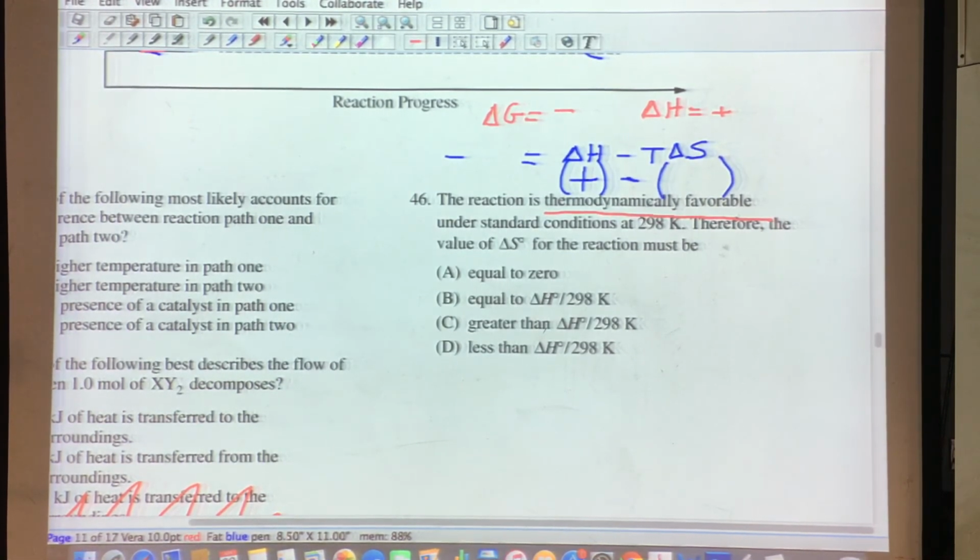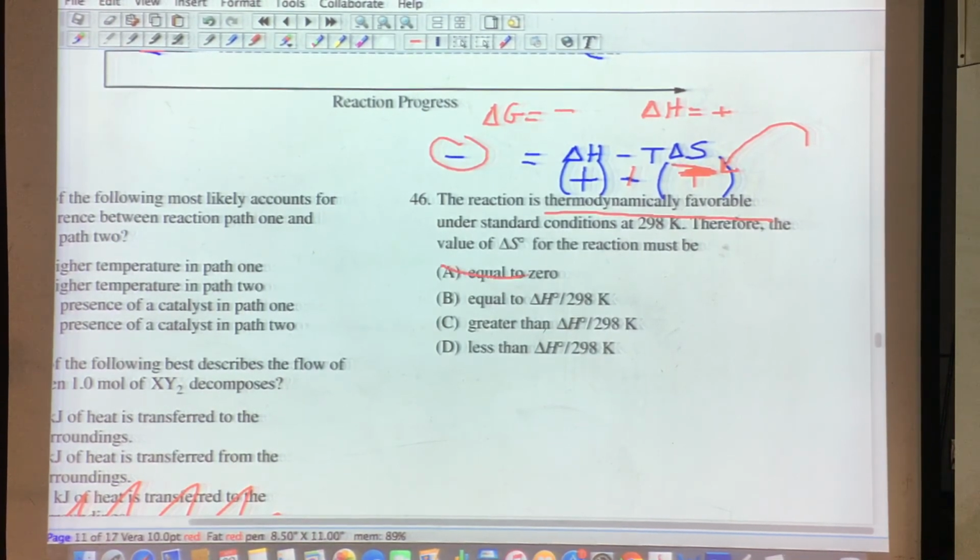Well, this better be positive. Why? Because by putting a positive here, and I do plus a negative, this must be positive enough, and because of the negative sign, it makes this negative enough to overcome this positive delta H to make this negative.